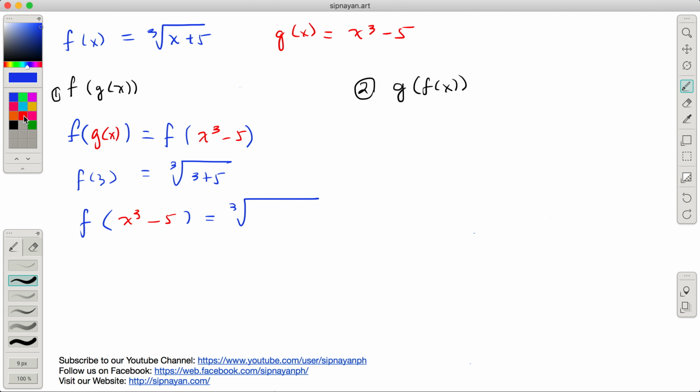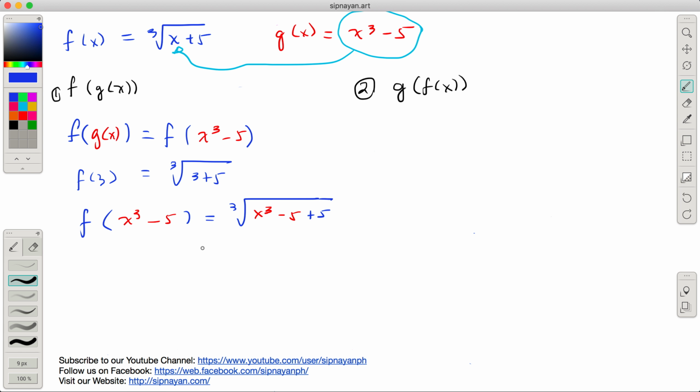So, bali itong part na to, substitute natin siya dun sa x. So, magiging x cubed minus 5, itong part na to, plus 5. No? So, x cubed minus 5, and then I have a plus 5 here.